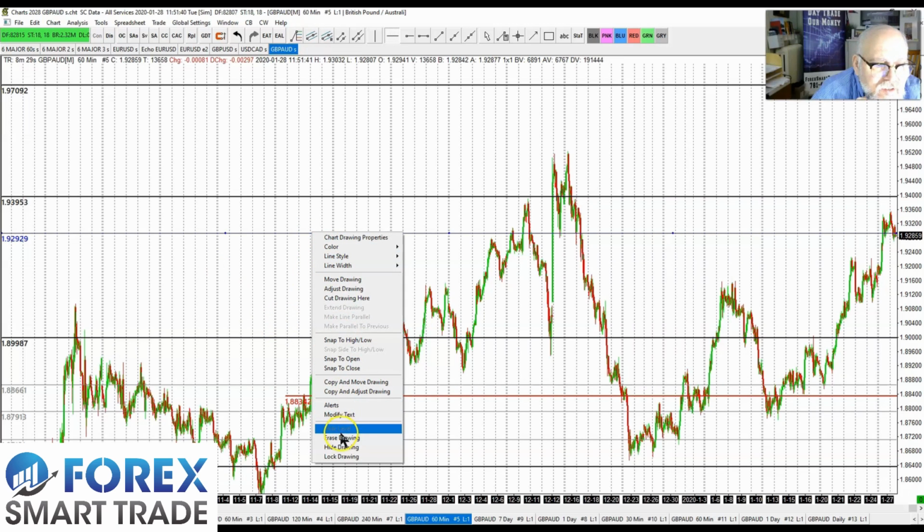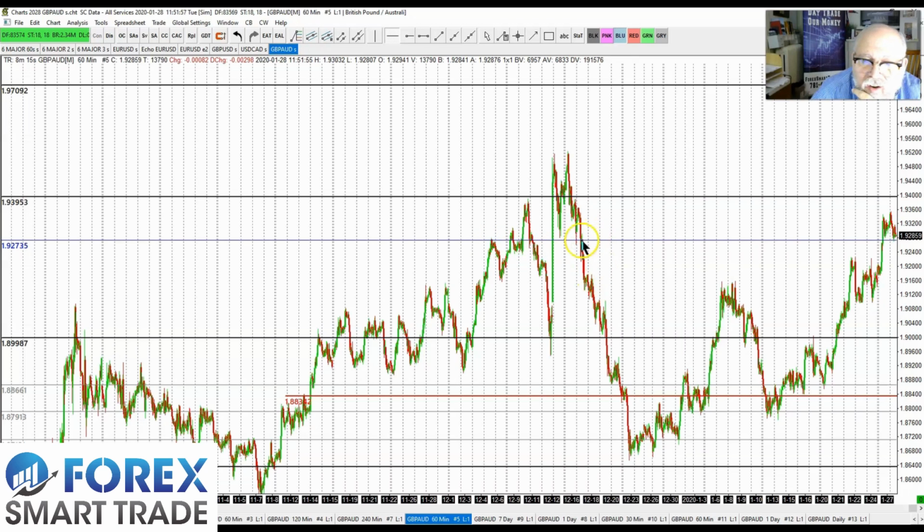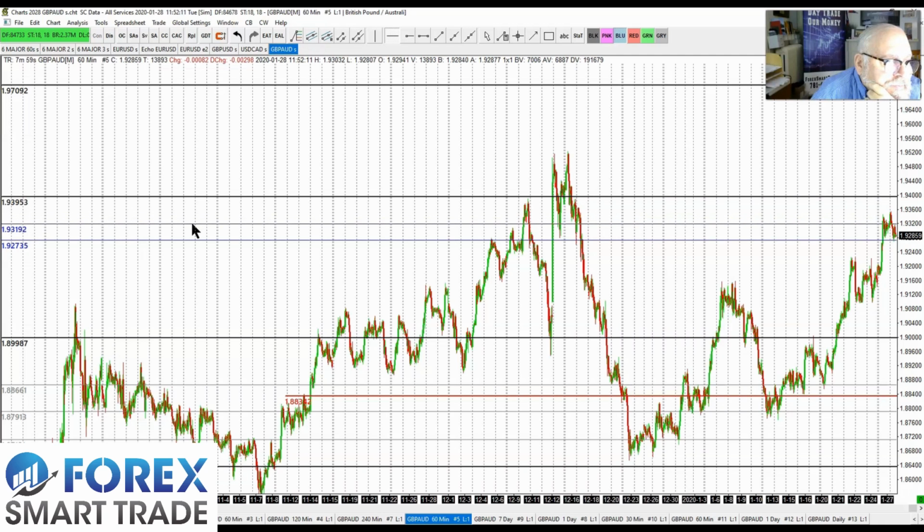Let me just see what's a good starting spot. All right, so I've got touching here, touching here, touching here, touching right in here. On a 60-minute chart, these lines tend to be about 30 pips away from one another. So let's see.